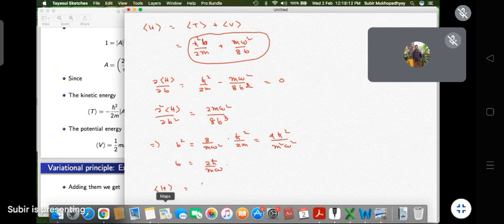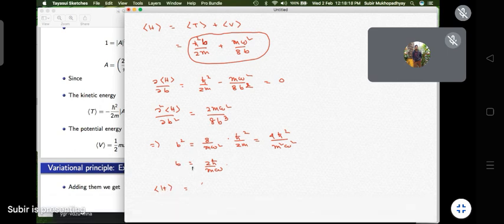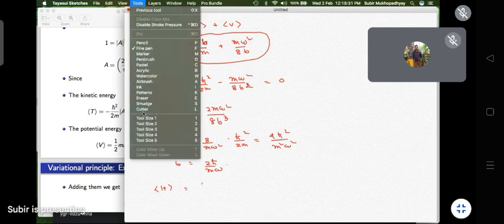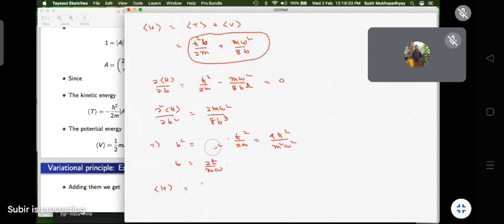I think we need to reverse that, sir. b square is equal to m omega square by 8. Exactly. Thank you. It should be m omega square by 8.